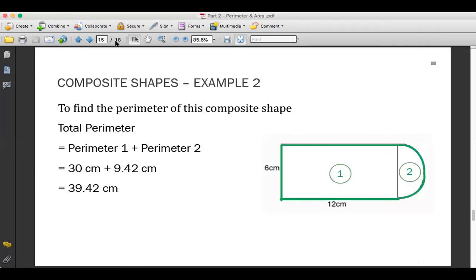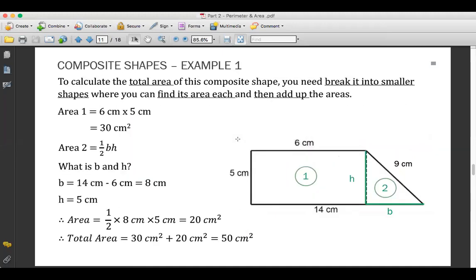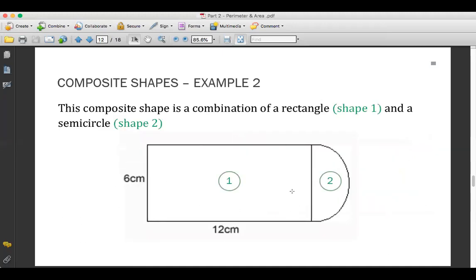Now this is your example 2. This is the perimeter, just to find the perimeter. The next part is you must find the area of the whole shape. Remember, the area of this shape is first the area of the rectangle, which is 6 times 12. Correct? Very simple to find the area of the rectangle.